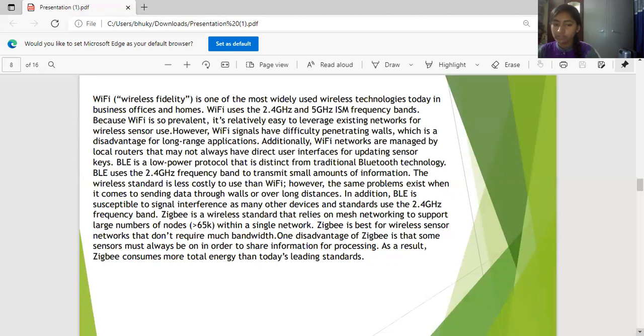Zigbee is best for wireless sensor networks that do not require much bandwidth. One disadvantage of Zigbee is that some sensors must always be on in order to share information for processing. As a result, Zigbee consumes more total energy than today's leading standards.